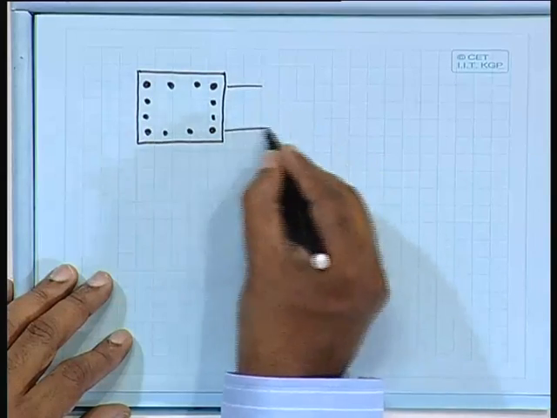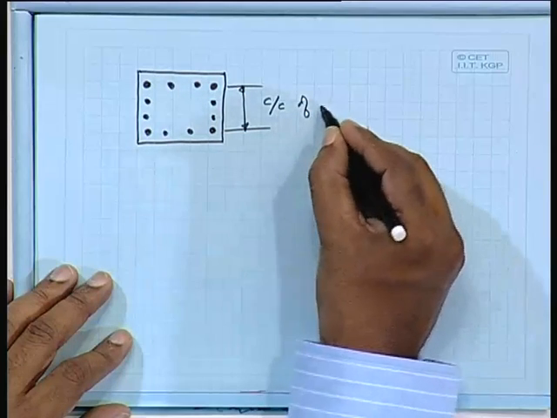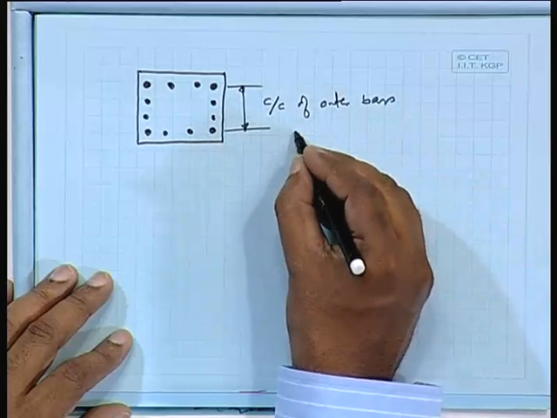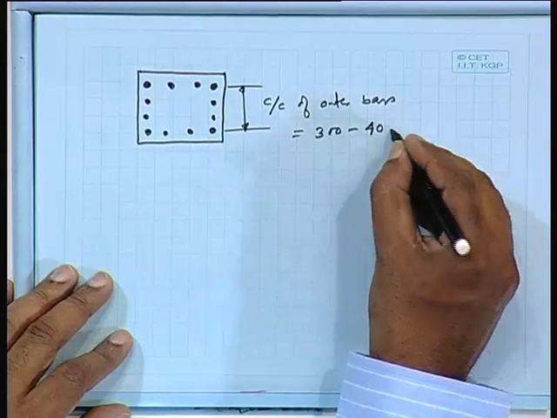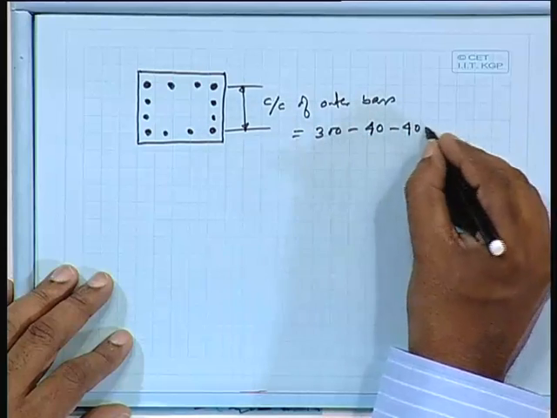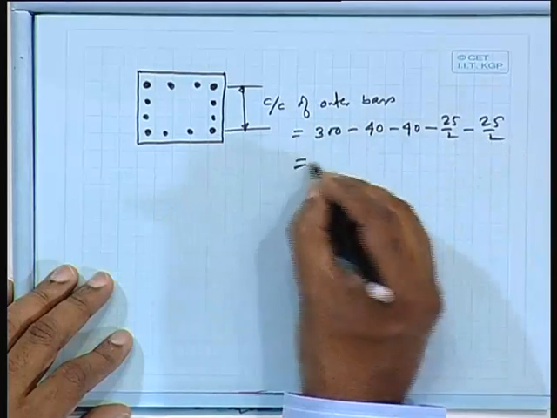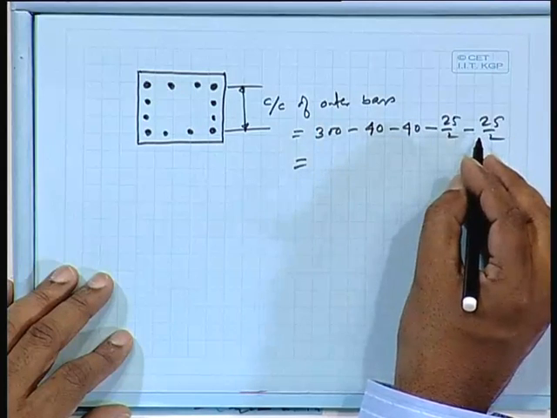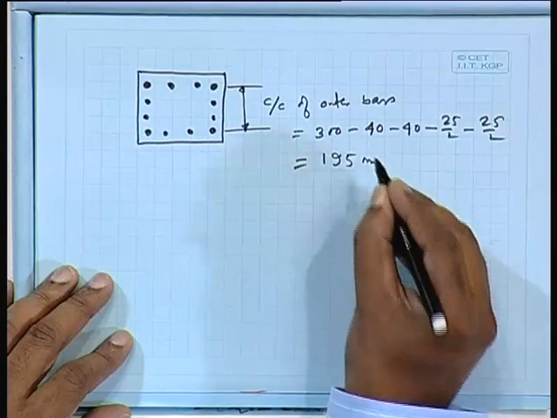So, this distance, center to center of outer bars, equals 300 minus 40 as the clear cover, minus 40 as the clear cover on the other side, minus 25 by 2 minus 25 by 2, which comes as 195.